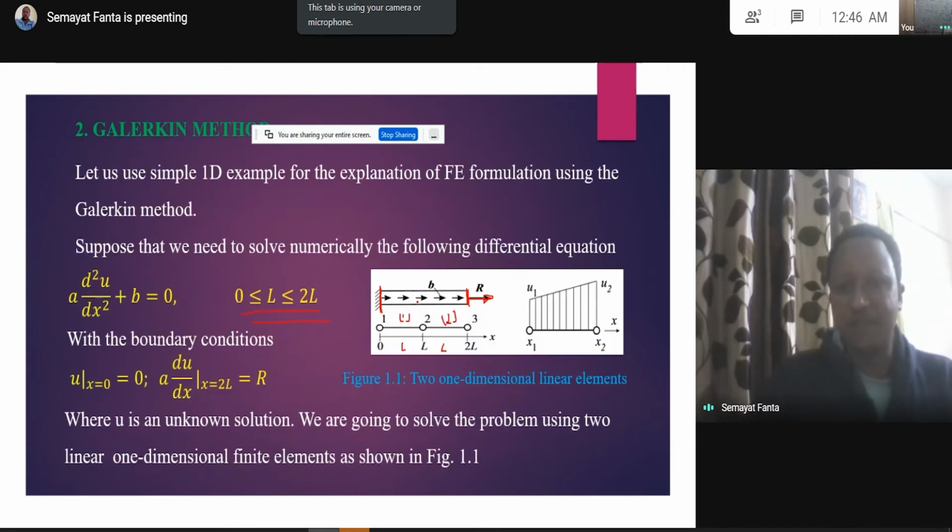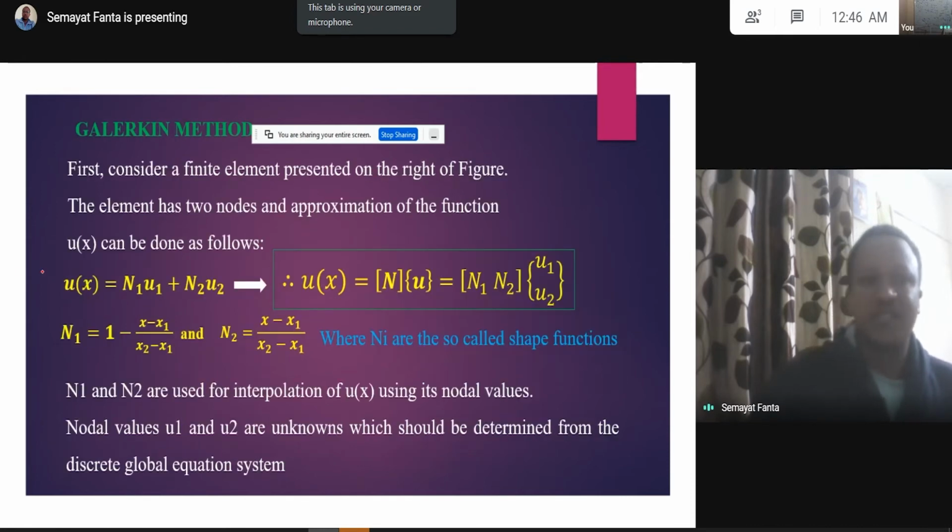From that we can calculate the nodal deflection, or the approximation function, u(x) is equal to N1 u1 plus N2 u2 for the element.